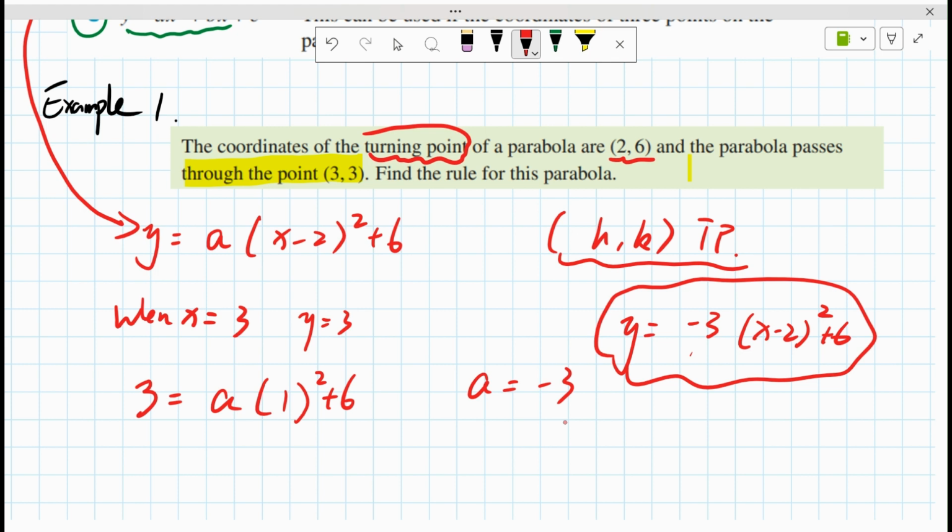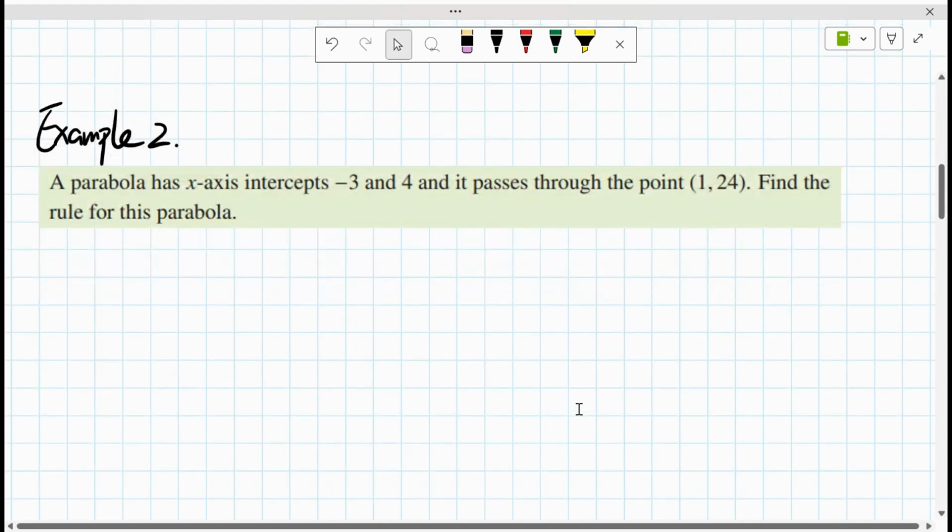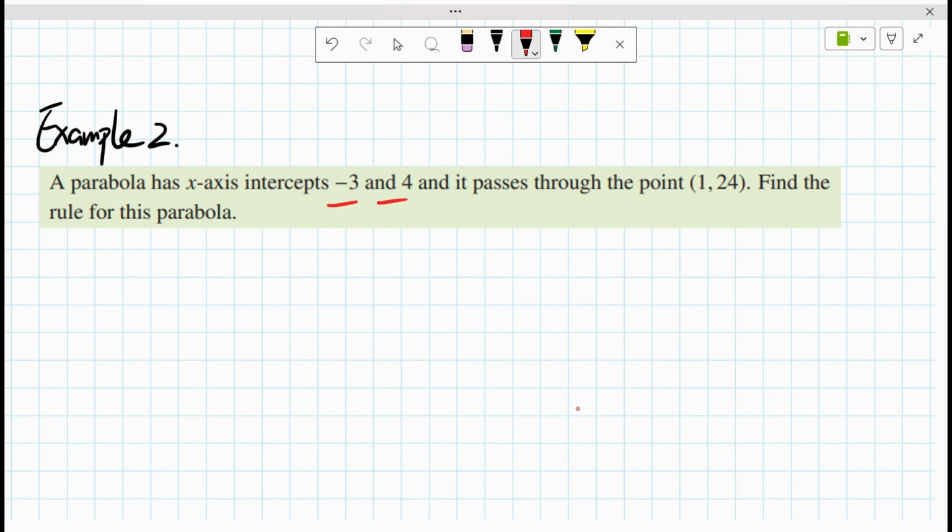All right, to keep going with the next part, let's have a look. The parabola has x-intercepts at 3 and negative 3 and 4, and passes through the point (1, 24). We know this one is x-intercept form, so highlight what you want.